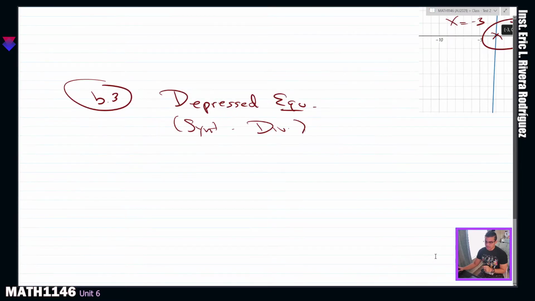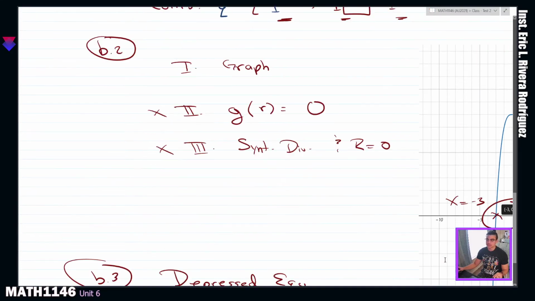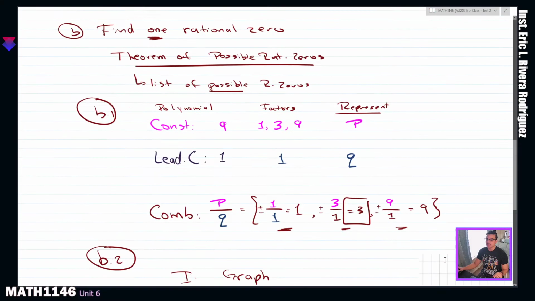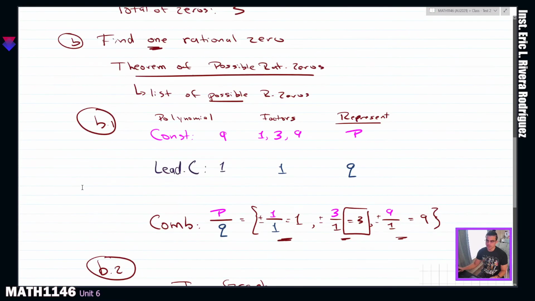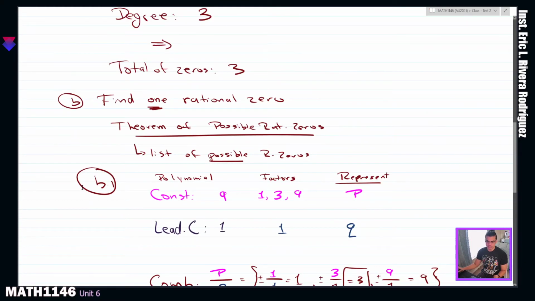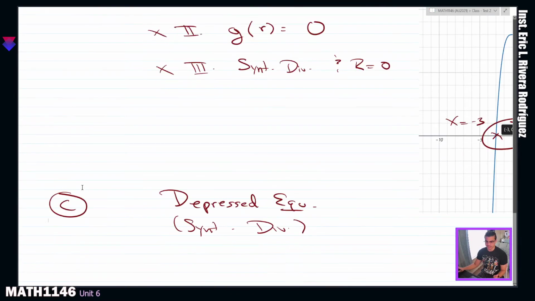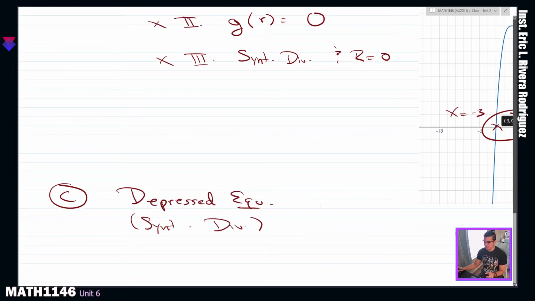Once we got one rational zero, I think we have done that. So, sorry, this is going to be step number 3, the third step. We have finished the goal of step number 2, which is to find one rational zero. Now we are going to use that rational zero, which is -3.